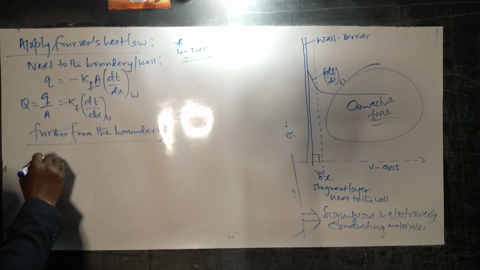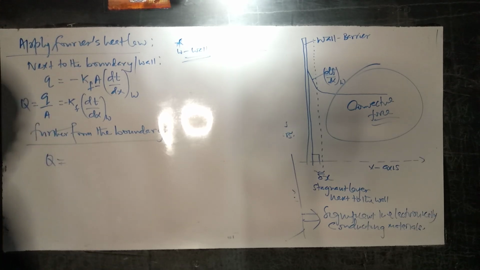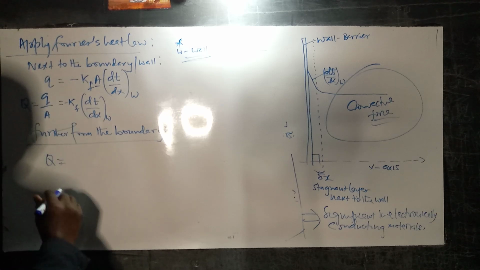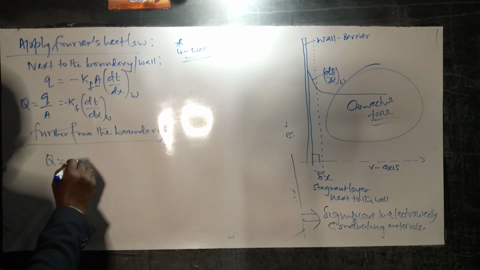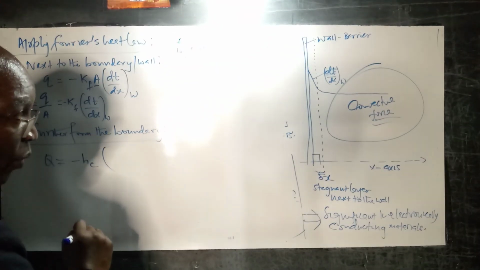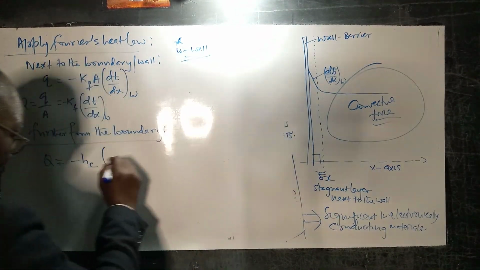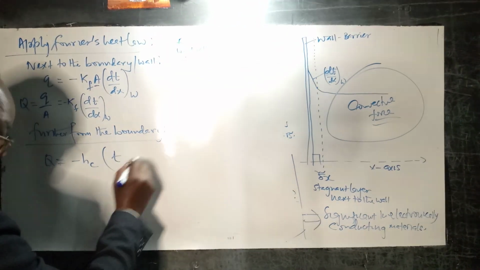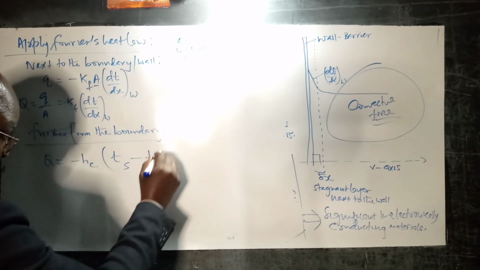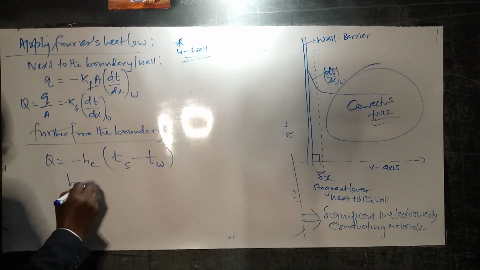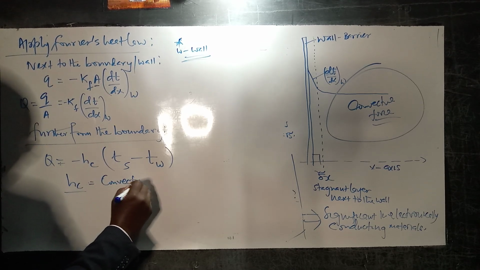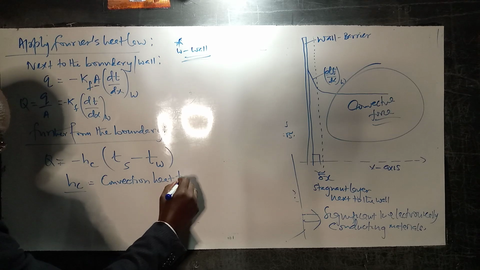then we can say Q, which you know is heat transfer per unit area there, will be given by minus Hc, and we will have the temperature in the solution down there minus the temperature next to the wall. So we are defining now Hc as the convection heat transfer coefficient.